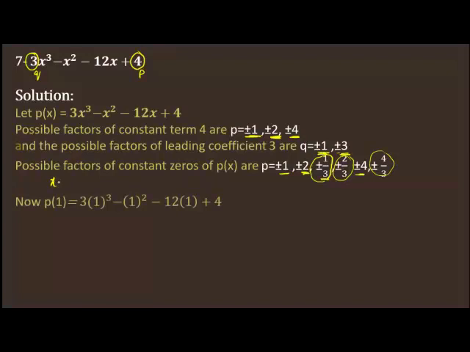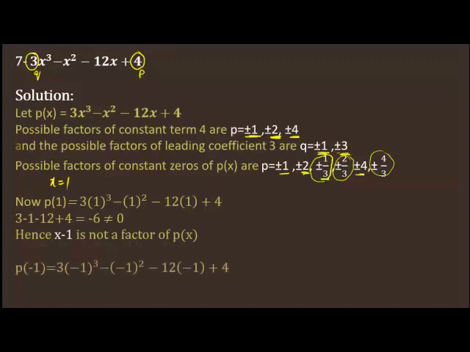Now first we will put x is equal to 1 instead of x. It doesn't give us 0, so x is 1 is not the root of the given polynomial, so x minus 1 is not the factor, right? Now we'll put x is equal to minus 1 again.